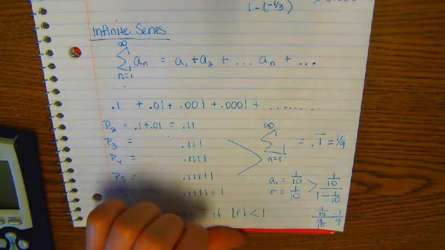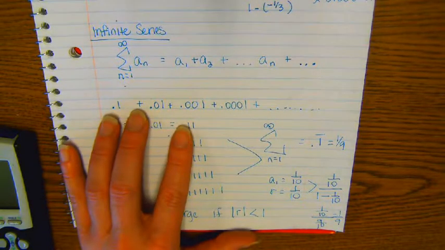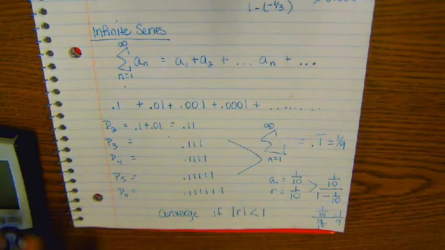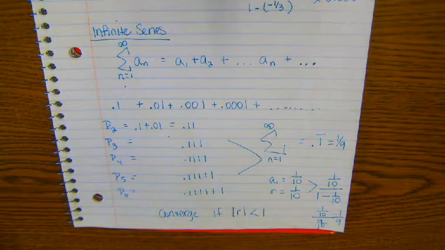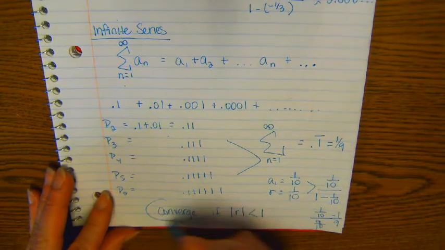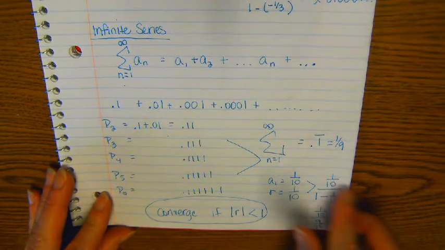Okay. So this would be an example of an infinite series where we could find the sums. Even though it goes to infinity, we are still able to find the sum of that. For some of them, they're going to be just so close to that number, we call it a limit, okay? But we're going to be able to find their sums. And again, the only time that we're going to be able to do that is if r is less than 1. All right, so let's do one more.